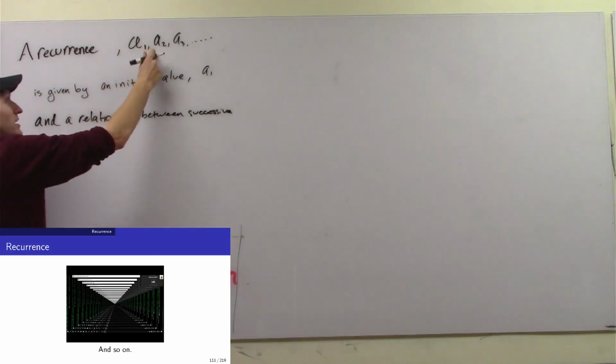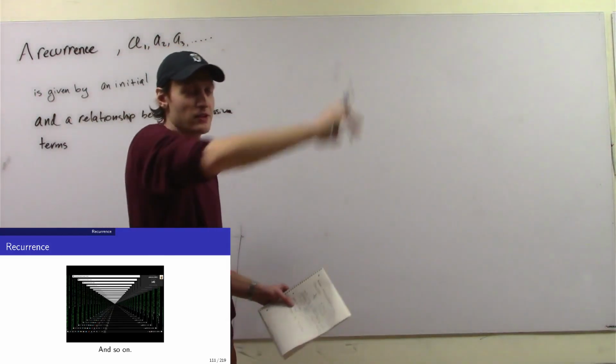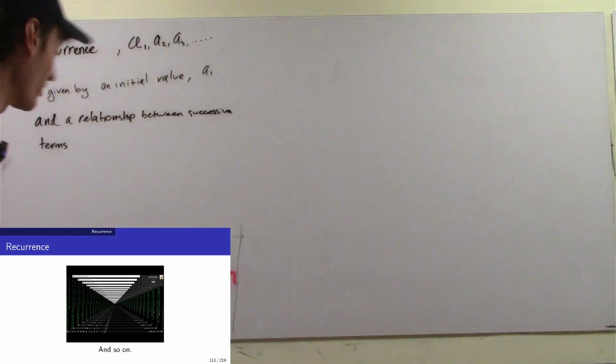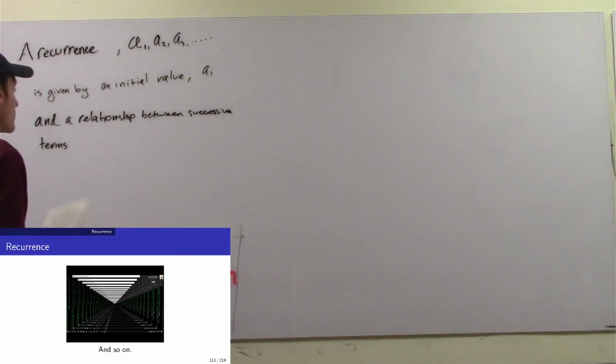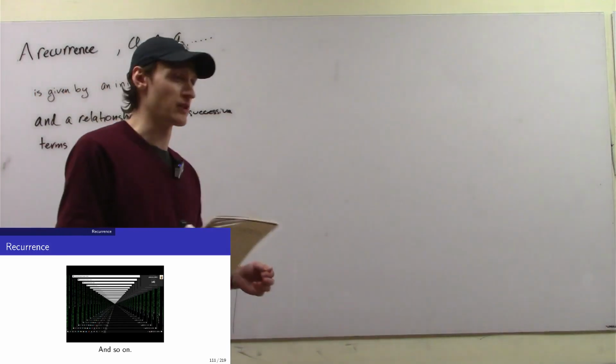So this is A1, A2, A3, all the way up to infinity. We might not get there in time. And so we have a relationship between successive terms. So we'll go over what that sort of looks like right here.